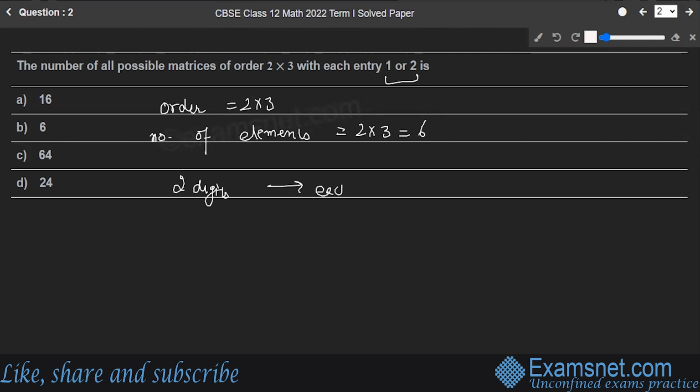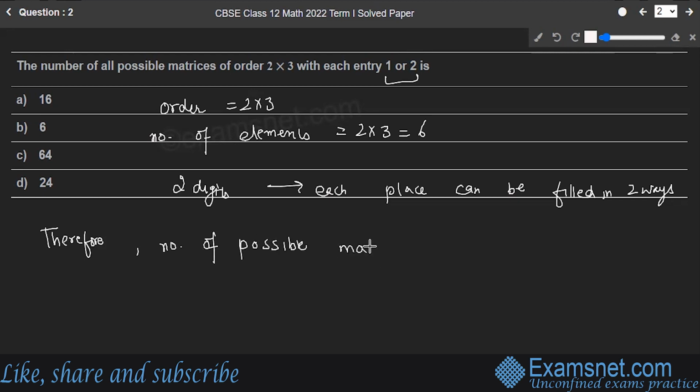Therefore, the number of possible matrices will be 2 raised to power 6, which is equal to 64, and option C is the correct answer. Hope you got that.